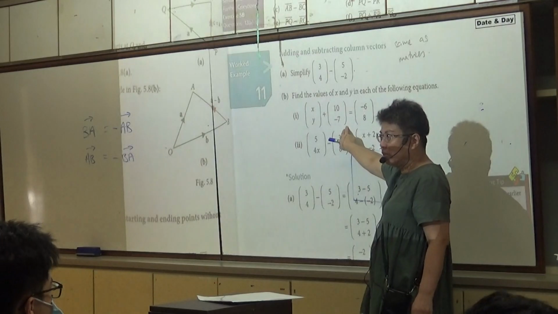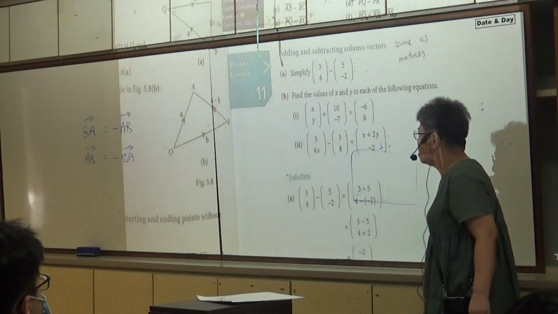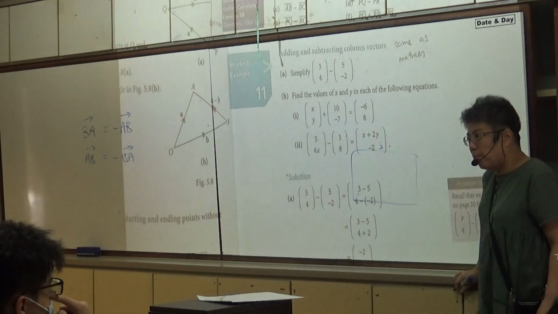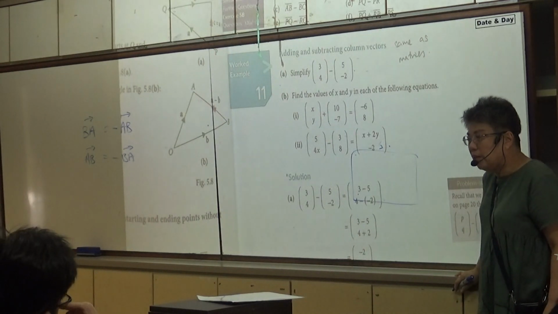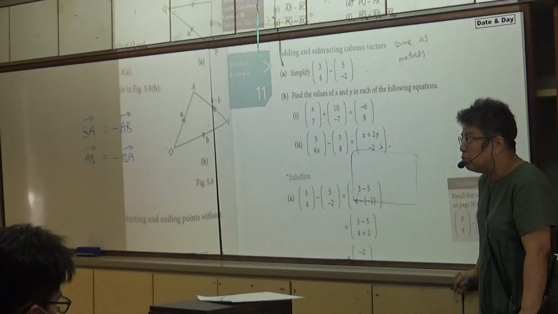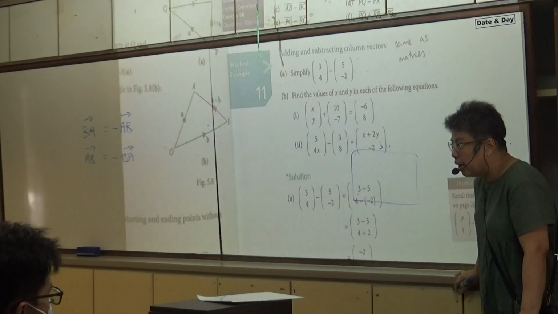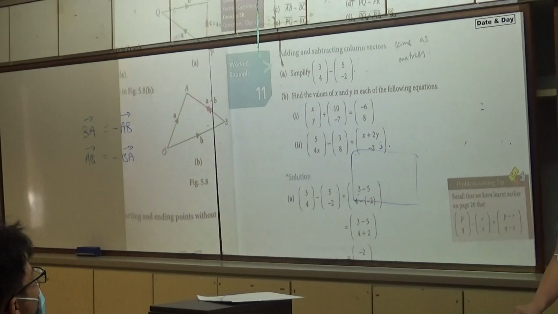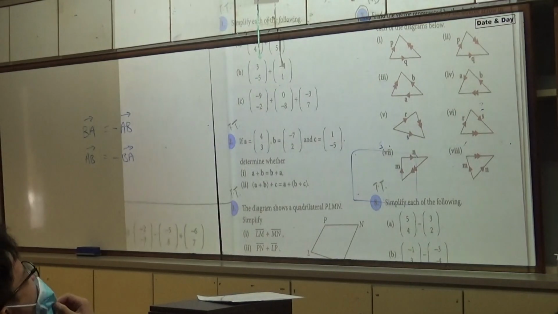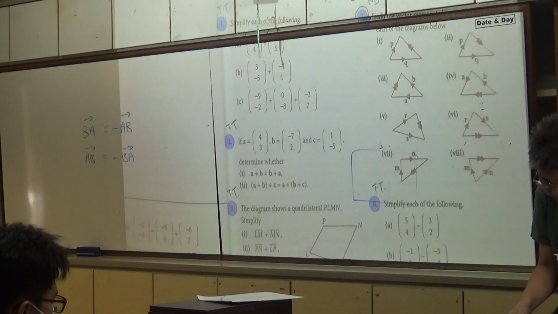You do it as a matrix and then you solve properly. We have done this in matrices chapter 4, so I'm not going to go into a lot of details over here. Is that okay, class? Can or cannot? Can, huh? Okay, good. Now that's your example 11.